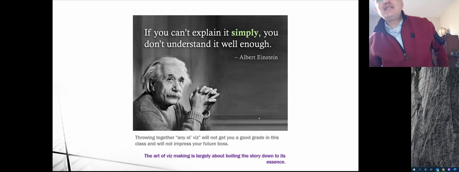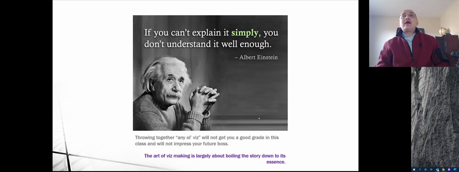And it's not an easy skill to gain, and it takes practice. So I guess the takeaway from Einstein here is be prepared to spend a lot of time getting to know your data so that you can explain it simply enough. It's kind of a paradox. Like, it takes more work to present something that's simple than it does to present something that's complex.